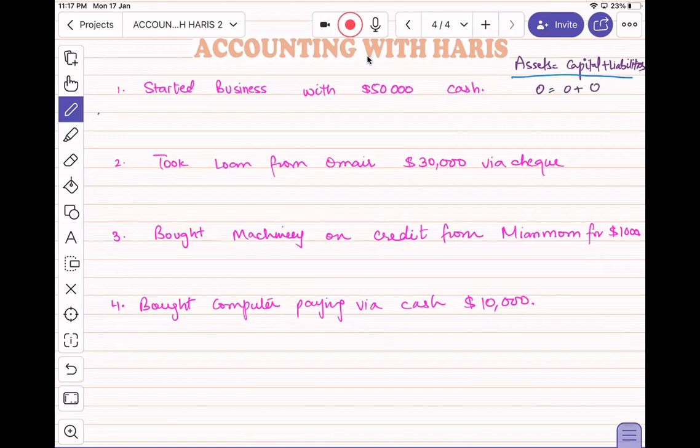When we started our business, the business got 50,000 cash. That cash which the business has received is referred to as an asset for the business, because an asset is a resource owned by the business. If the owner has provided this 50,000 cash to the business, now the business owns this cash and resource, so this is an asset for the business.